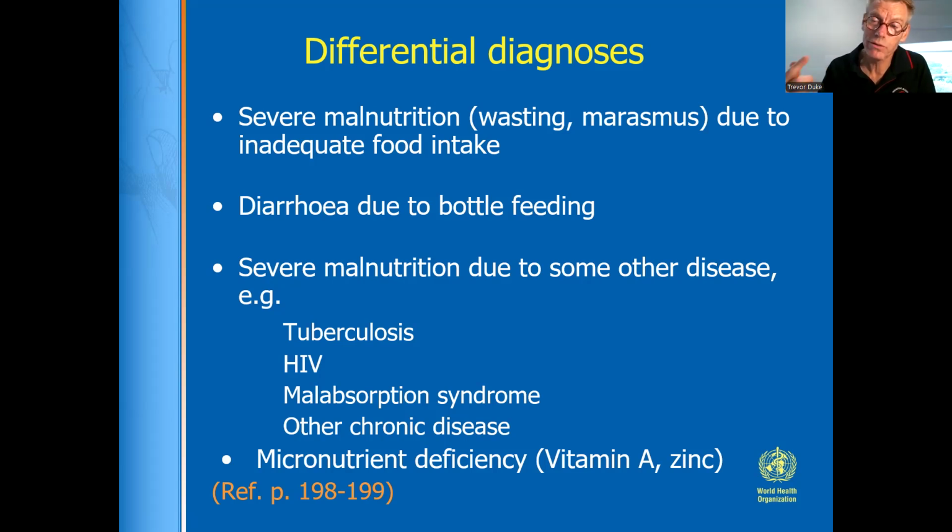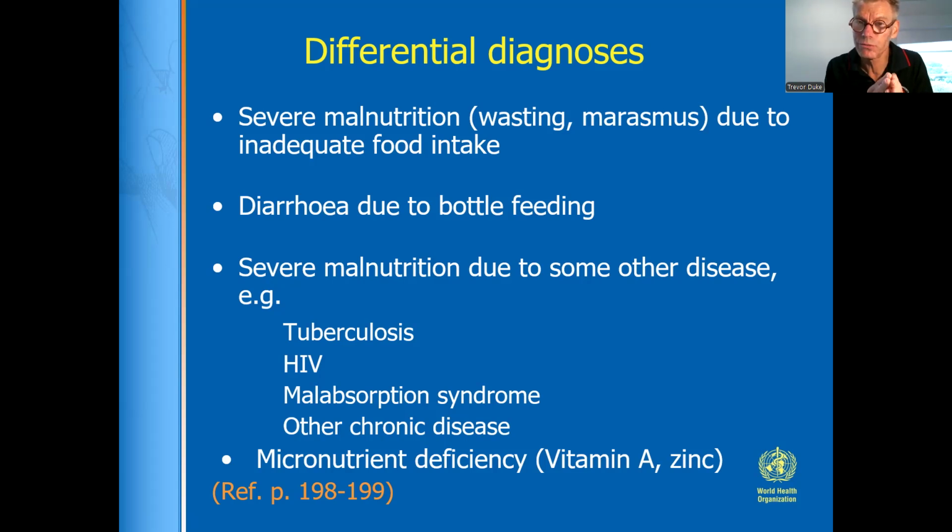Also, if you leave some milk in the bottle, that's a very strong culture medium for bacteria, so many families are unable to properly sterilize infant feeding bottles, and that leads to bacterial overgrowth and then often bacterial diarrhea.